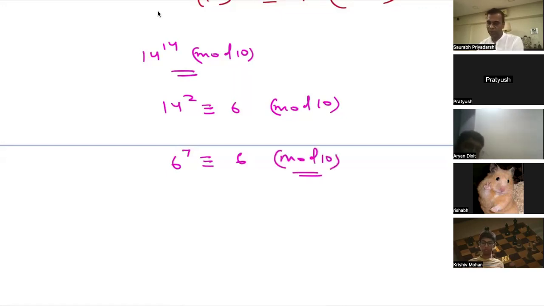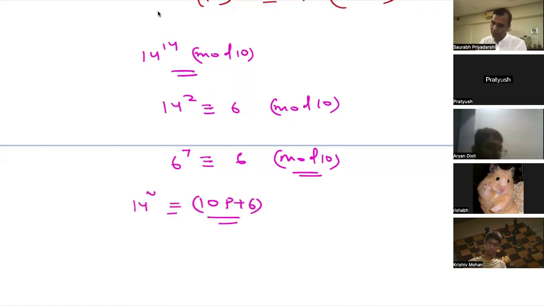That always gives you the number 6 mod 10. Means the number 14 to the power 14 is in the form of 10p plus 6. Can I say this?